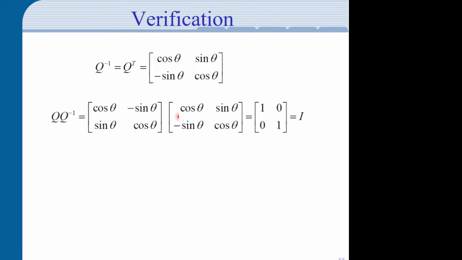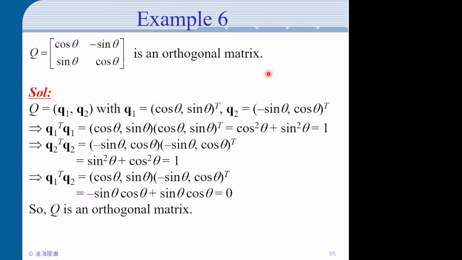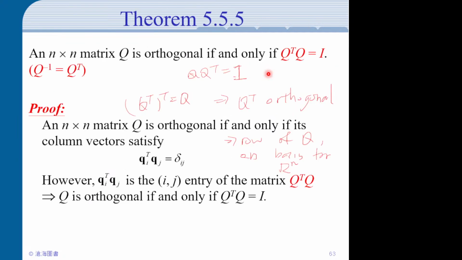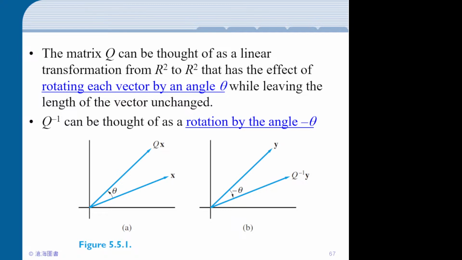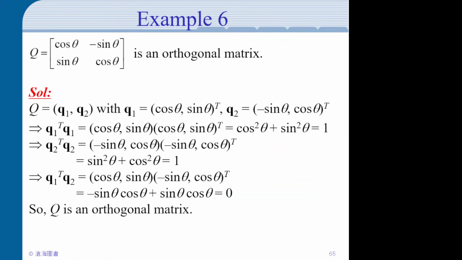This 1 is sin squared theta plus cosine squared theta. So our theorem is correct, and Q^T Q equals the identity. Or actually, we checked a different thing: we checked Q Q^T equals the identity. That's a bit funny, but we checked this equation instead of that one.